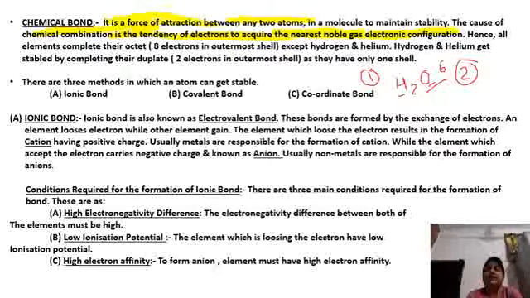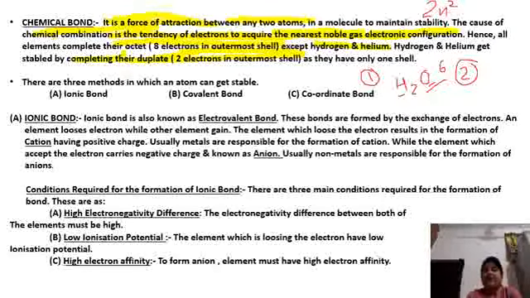So for this, either it has to complete its octet. Octet means 8 electrons in outermost shell. But in case of hydrogen and helium, it is duplet, that means 2 electrons in outermost shell. Because according to the Bohr-Bury principle, किसी भी एलिमेंट में मैक्सिमम नंबर ऑफ इलेक्ट्रॉन किसी भी शेल में 2n square होता है.